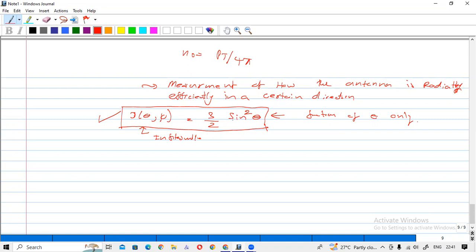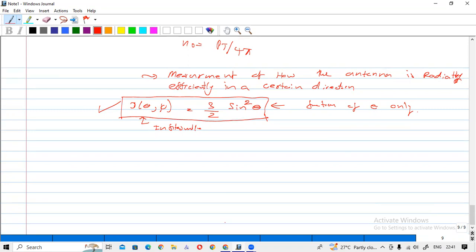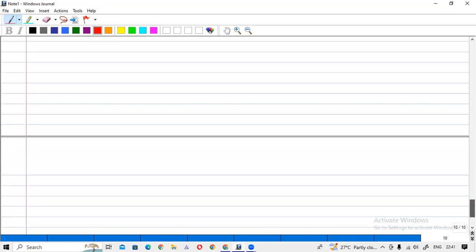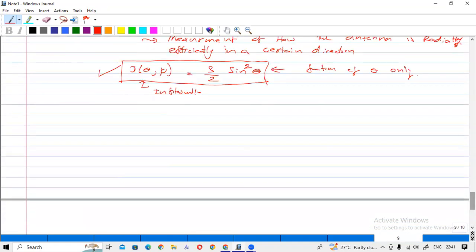Also, we are defining another parameter, that is directivity. Directivity is nothing but the maximum of the directivity function.